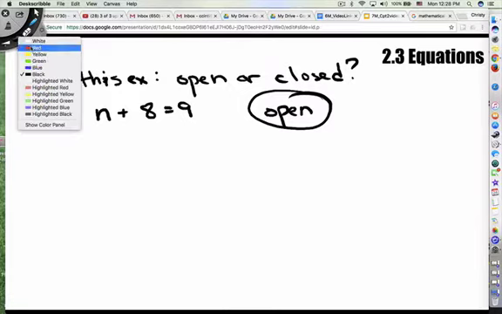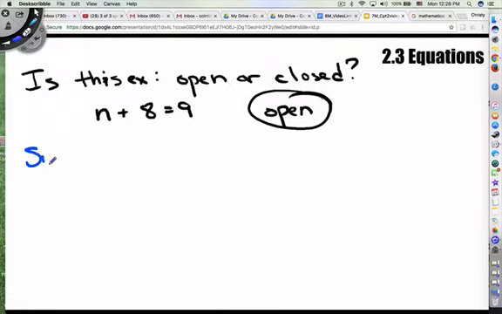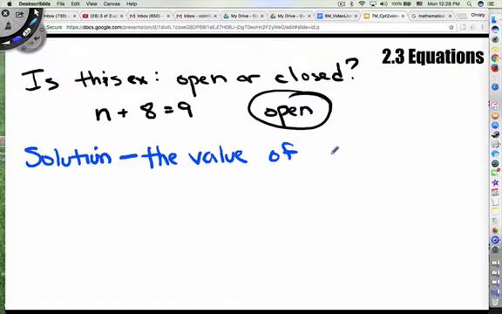A little bit more vocabulary: a solution is the value of a variable that makes the statement true.